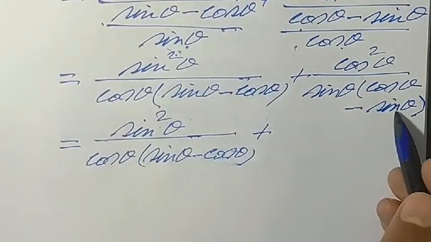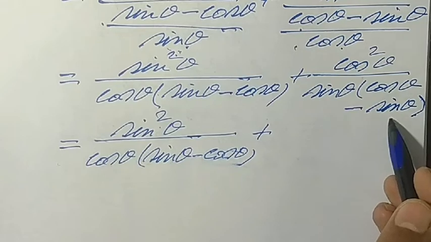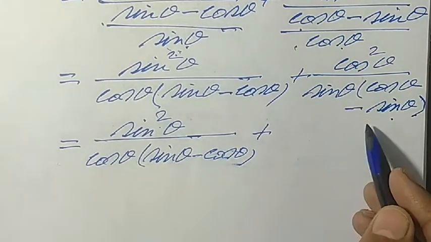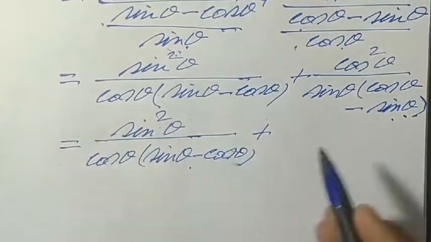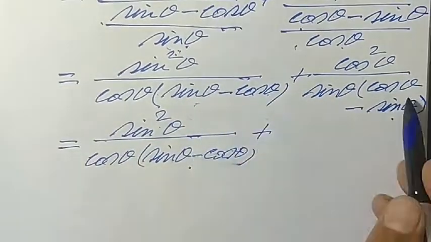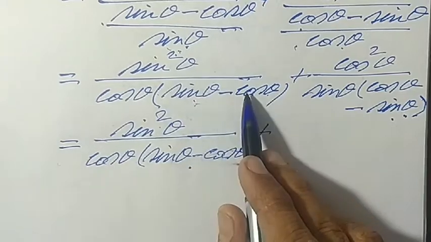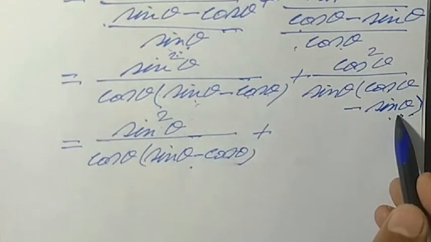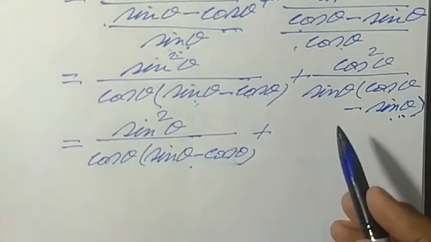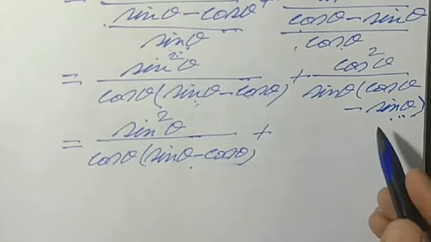In this expression, in the bracket cos theta minus sine theta, we should take minus common out of it, so that this bracket becomes identical to this bracket, because the difference between these two brackets is that sine theta minus cos theta is there, and there is cos theta minus sine theta. That means the difference is only of signs.